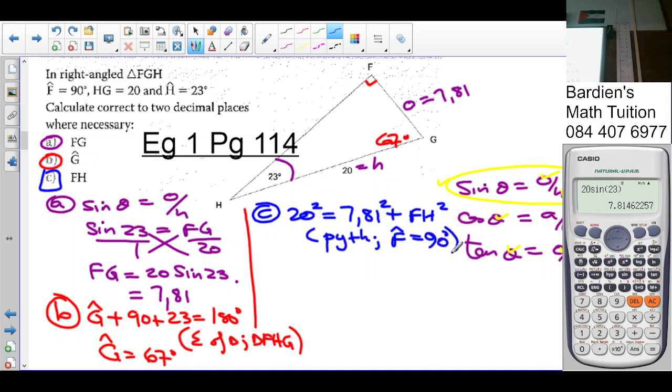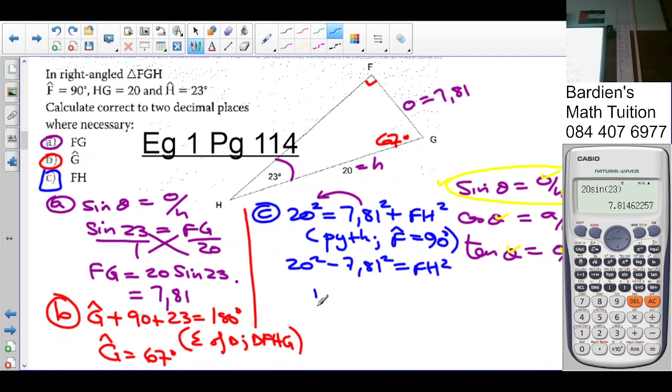So how do I calculate FH here now? You bring that over, so that we can have FH on its own. So it's going to be 20 squared minus 7,8 squared equals FH squared.